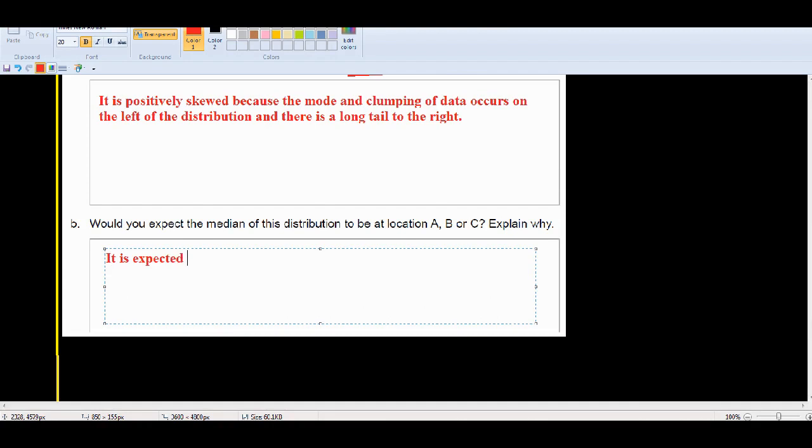So we expect that the median suits. Okay, so that's the explanation.